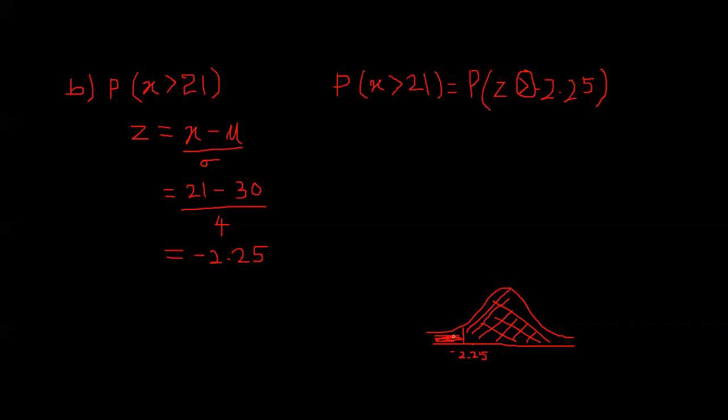We find the left value first because the standard normal distribution table will give you only the left area. So when you refer to the standard normal distribution table, you will get the value for negative 2.25 is 0.0122. However, the question wants you to get the value of Z that is greater than negative 2.25. That is here, the right value.